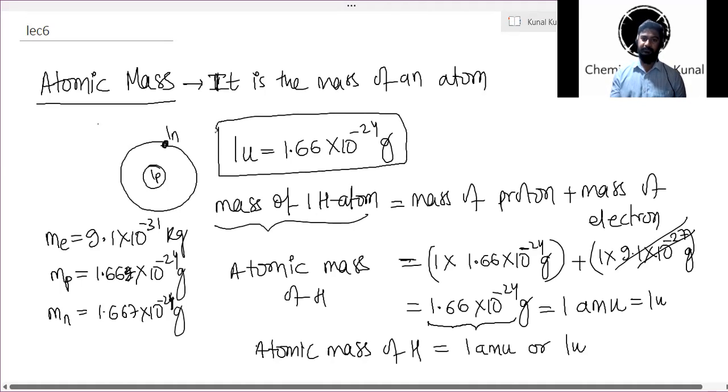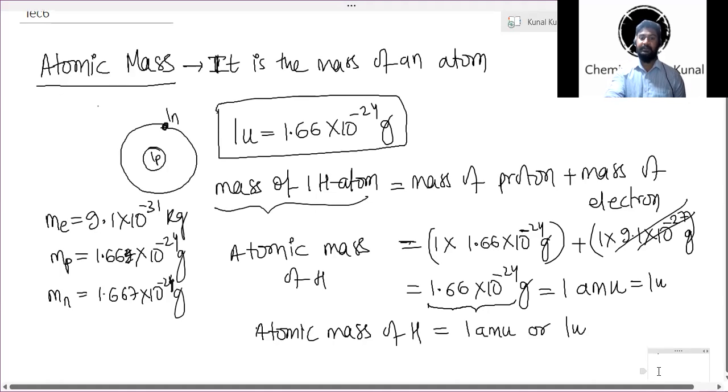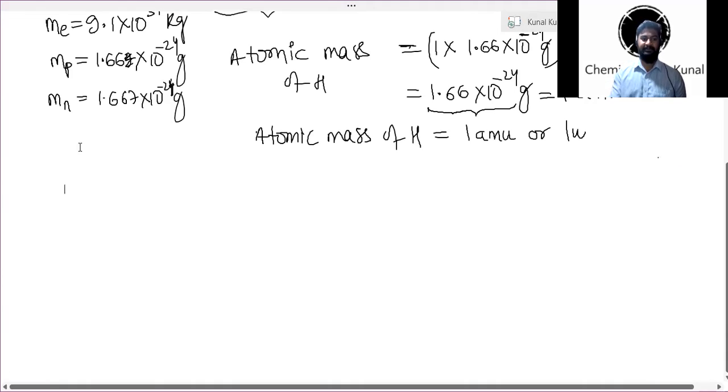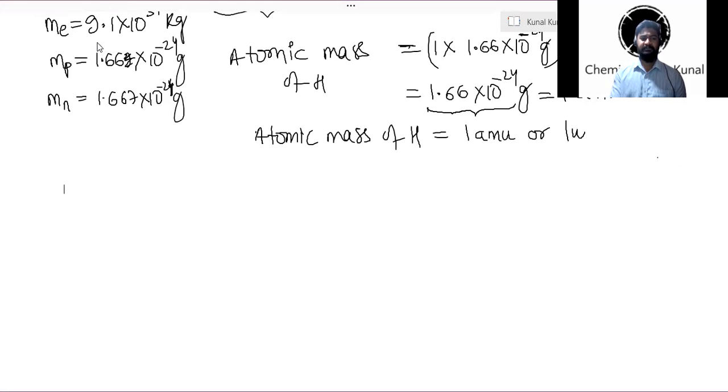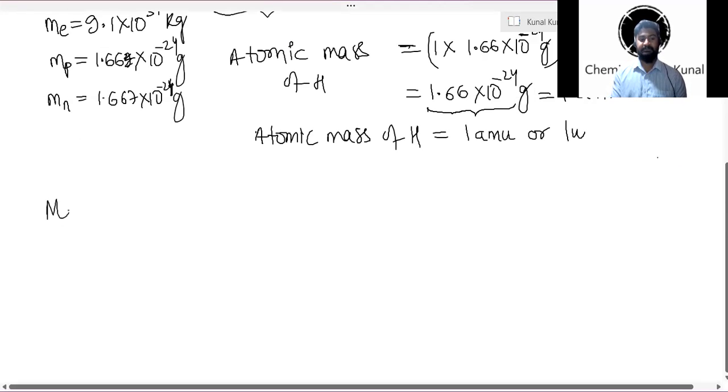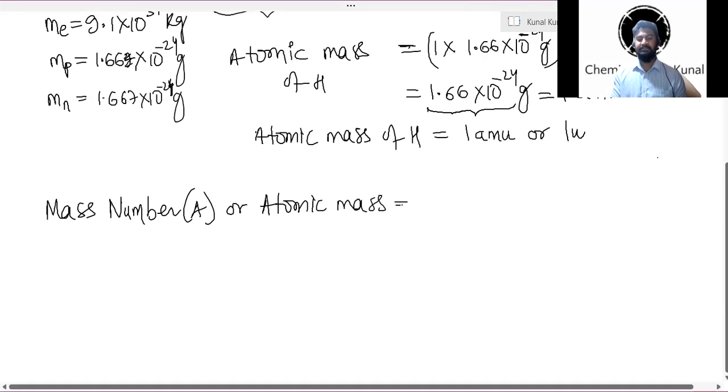So what is the mass of one hydrogen atom? 1 u, which is nothing but the mass of a proton. That is why the definition of mass number is the same as atomic mass, and it is nothing but the number of protons plus neutrons.